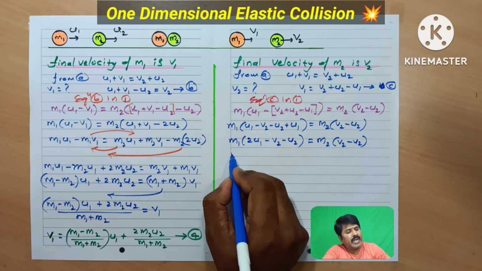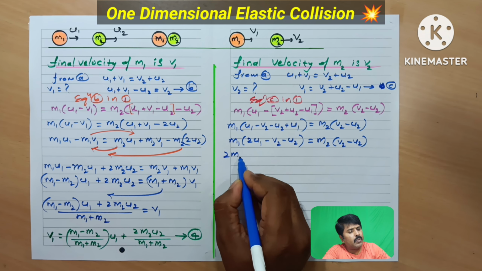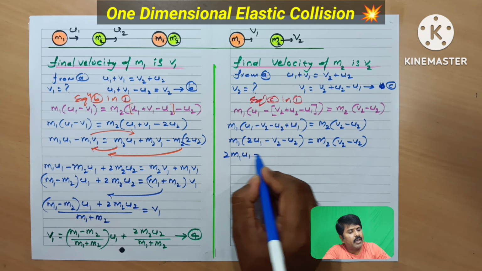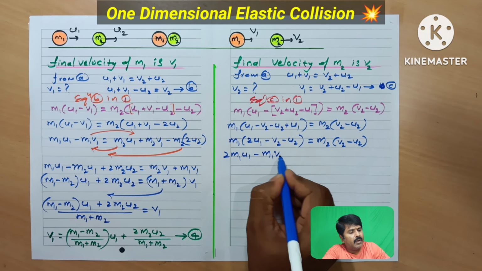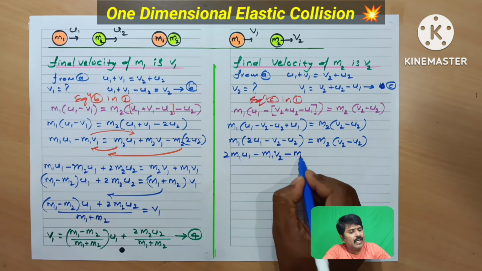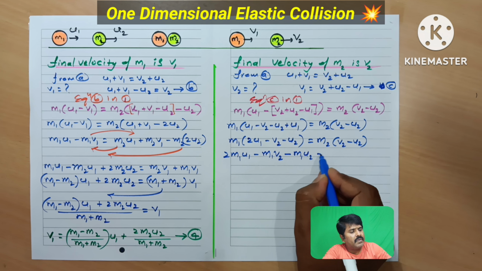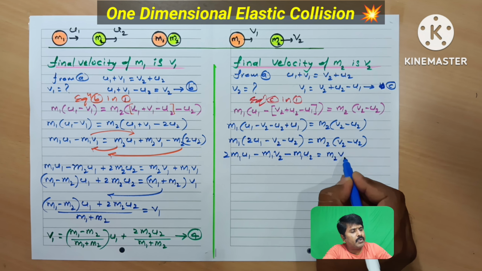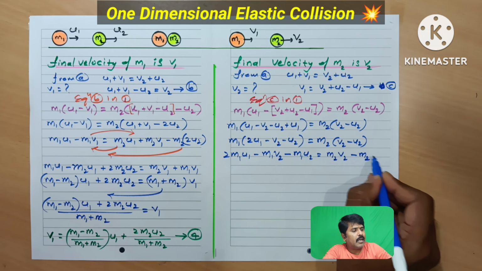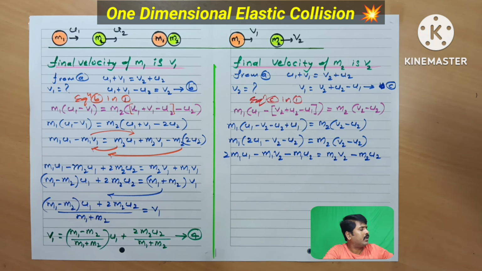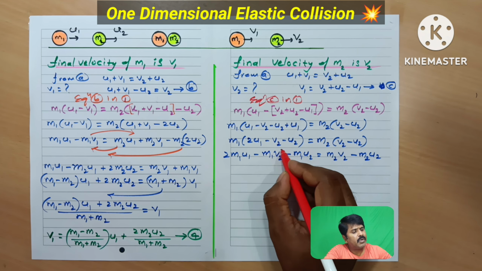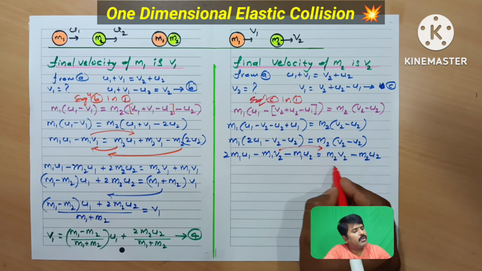Now m1 is multiplied on the LHS side: 2 m1 u1 minus m1 v2 minus m1 u2 which is equal to m2 v2 minus m2 u2, student. One thing to notice, student: v2 on the RHS side is positive, LHS side negative.